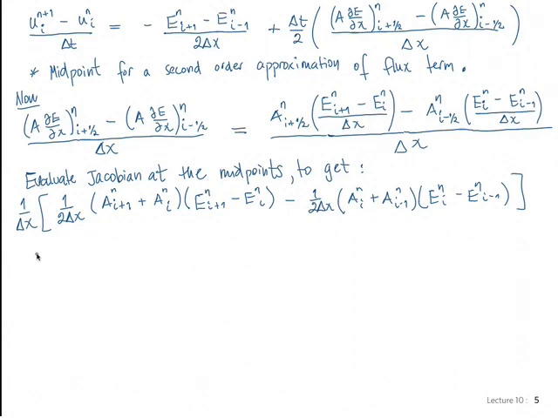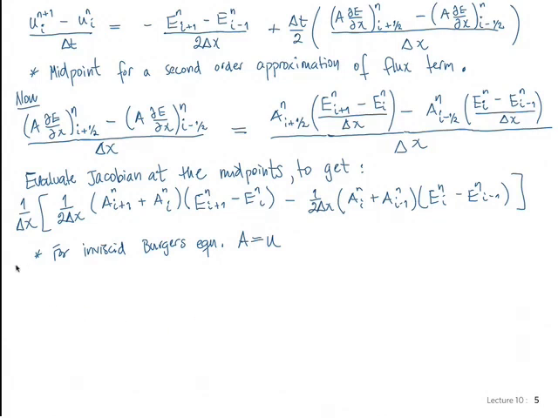Remember that for the inviscid Burgers equation that we're going to work with, A equals u. So we already know how to write this in a computer program. We've got everything.